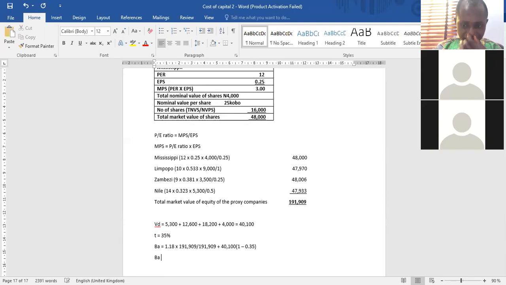So the beta of asset is going to be 1.18.